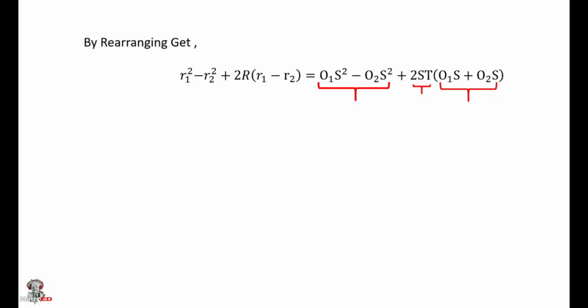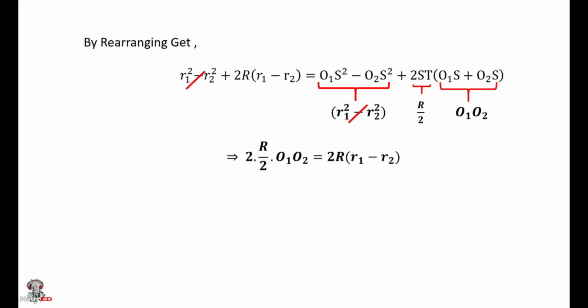Now the term O1S square minus O2S square is equal to R1 square minus R2 square, and ST equals R by 2, and O1S plus O2S is equal to the distance O1O2. So R1 square minus R2 square should cancel out. Now we can write that 2 into R by 2 into O1O2 equals 2 into R into R1 minus R2.